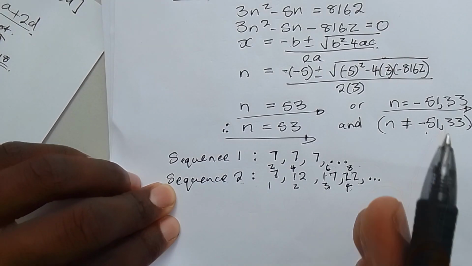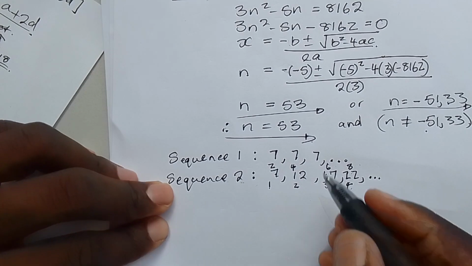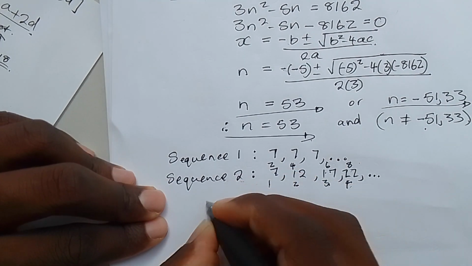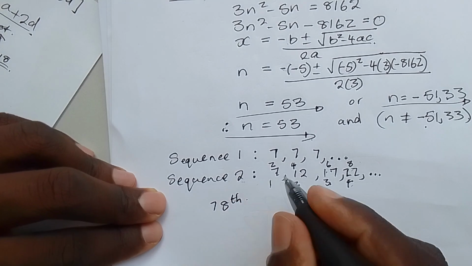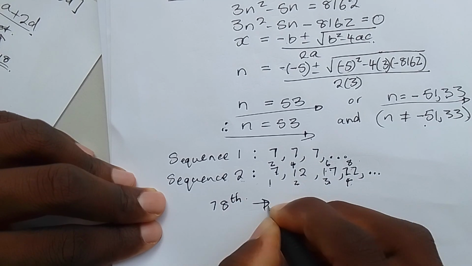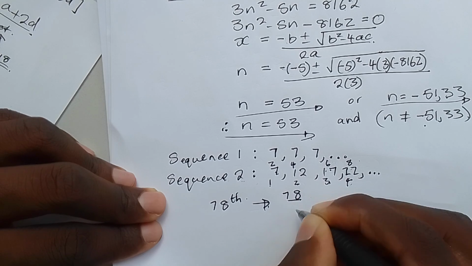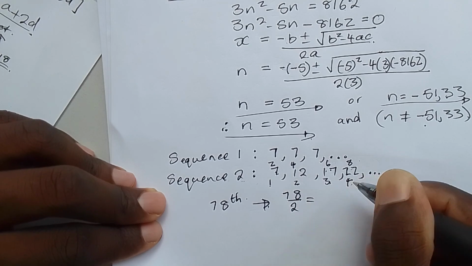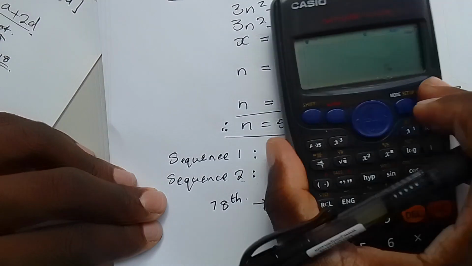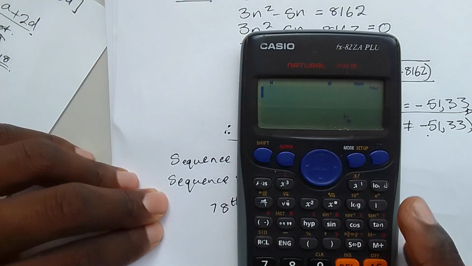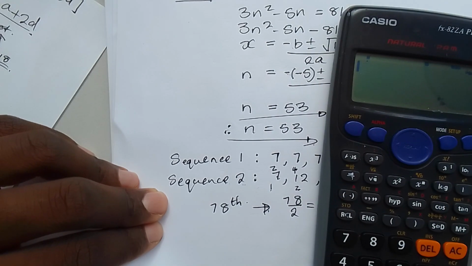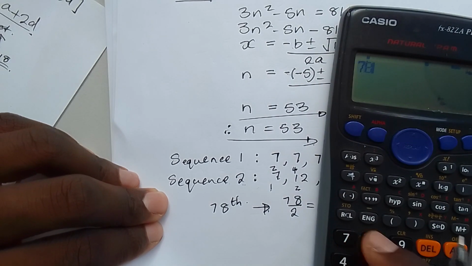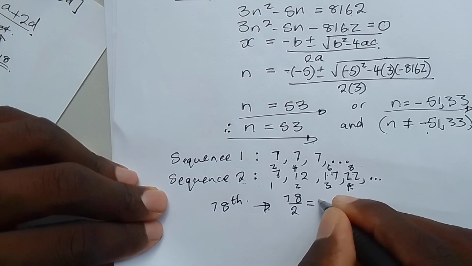So to solve this problem, we want the value of the 78th term on the original sequence. It should be 78 divided by 2 on this sequence, which is 39, right?